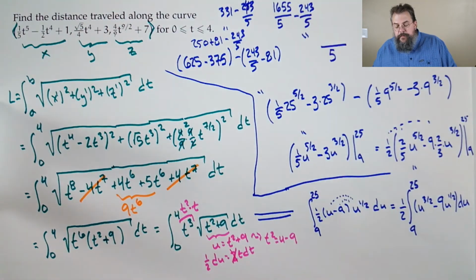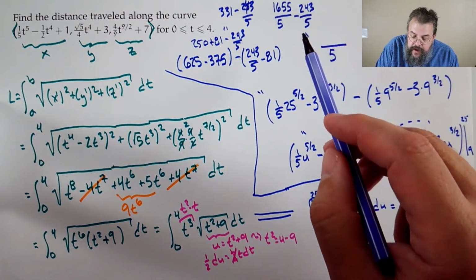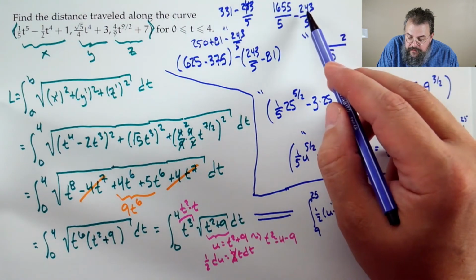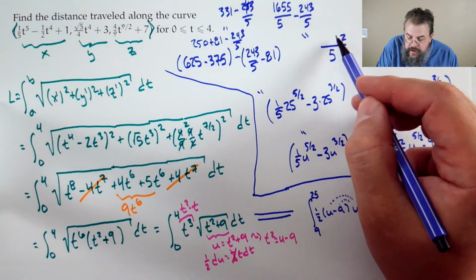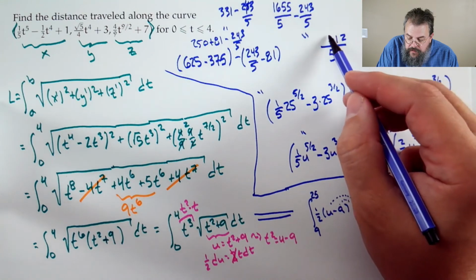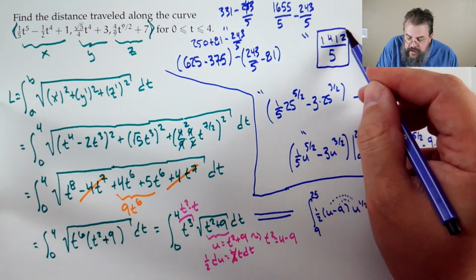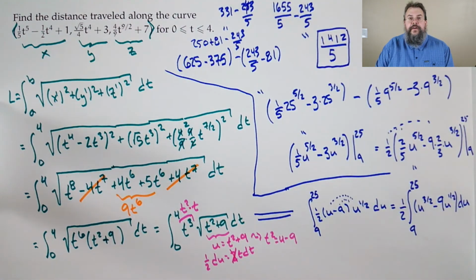Well, what's the something? Okay, well, it's not so hard. 5 subtract 3 is 2. 5 subtract 4 is 1. 6 subtract 2 is 4. So we end up with 1,412 fifths. So 1,412 fifths.